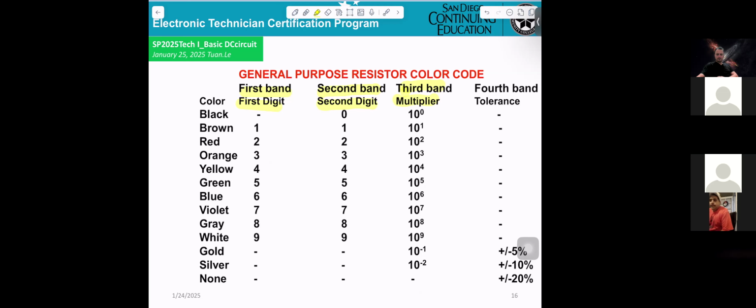Then the answer will be, if you give me the meter, DMM, I can tell you the value. Correct? That is the right answer for the technician. I gave you an example.